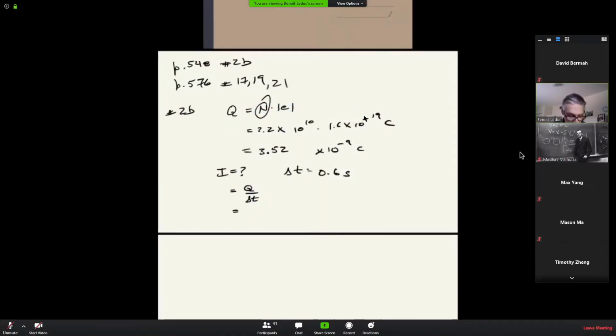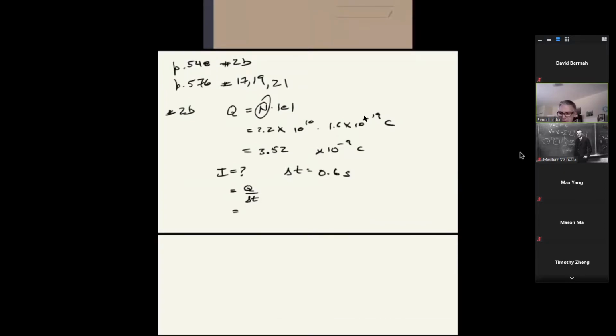All right. So number 17, page 576. All right, so that's good. Number 17, microwave. You know the potential difference.